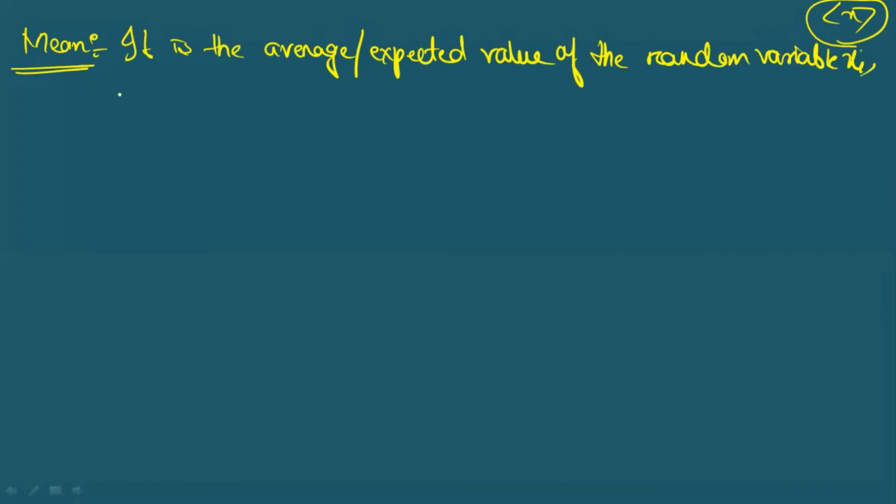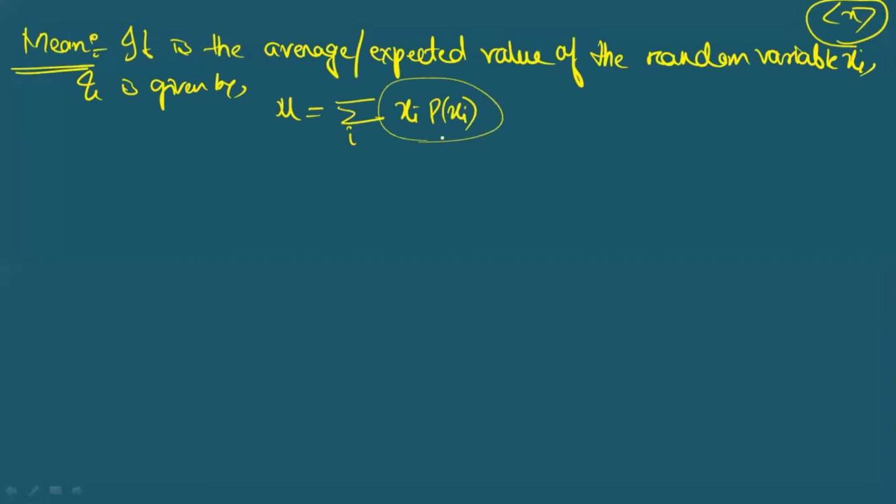And it is denoted by mu. Since it's discrete, it is summation over i of xi times probability of xi. So this is how you can calculate the average or expected value of the random variable. Clear? So this is the formula for mean.